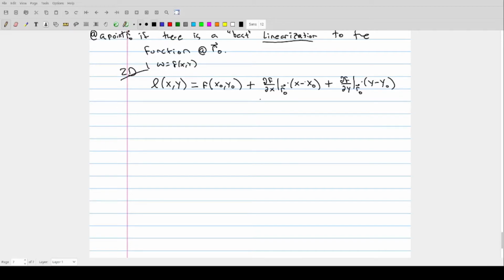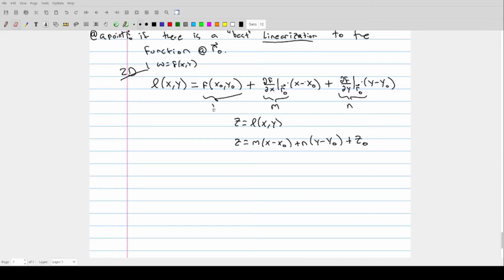And we say this is a tangent plane because we can call this right here the z-intercept of a plane, this value right here the slope of the plane in the x direction, and this right here the slope of the plane in the y direction. And if we write down the equation, z is equal to the linearization at a given point, then z is equal to m times x minus x naught plus n times y minus y naught plus this b, or you can say z naught.